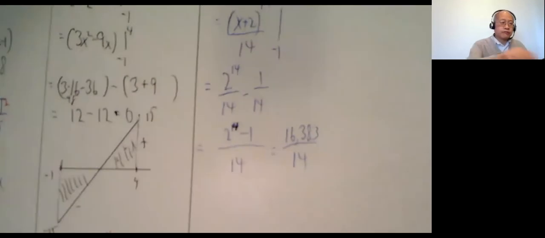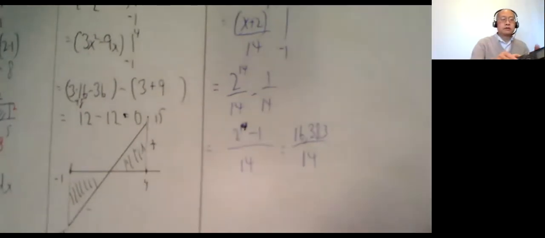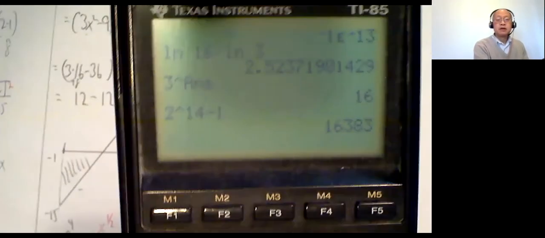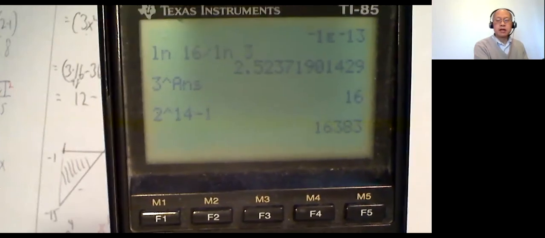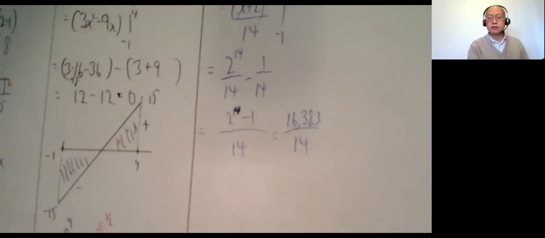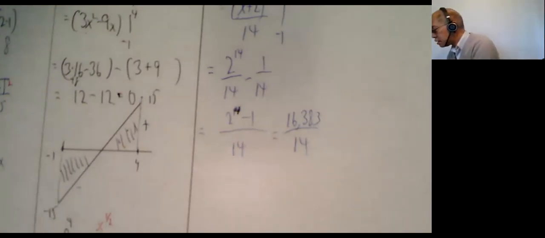Okay, you take my word for it, or maybe I'll just go ahead and show it to you. 2 to the 14th minus 1, 16,383. So 16,383 over 14. Okay.